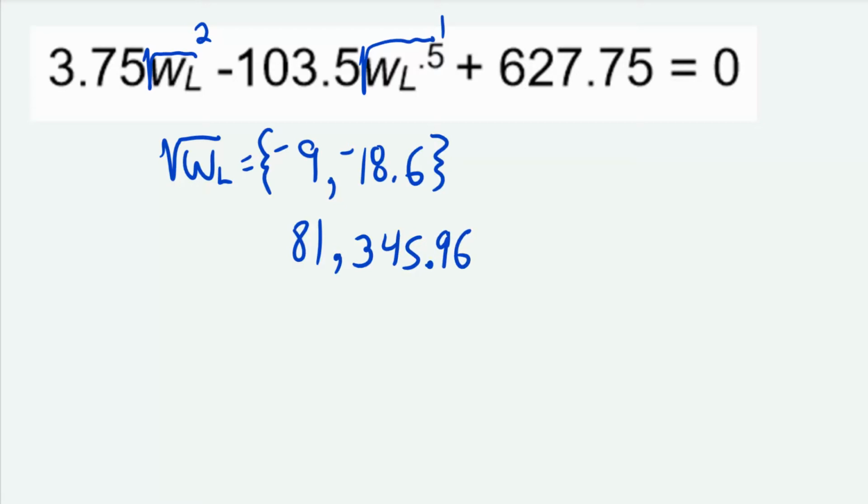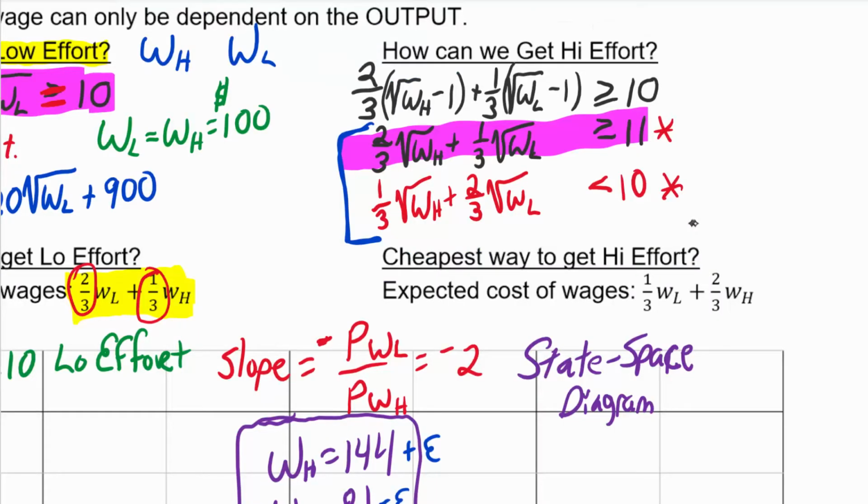And then it's a process of elimination: that 345.96 is so far away from the baseline contracts that we're thinking of here, where uncertainty is going to change the low wage to be a different number from the high wage, but it shouldn't be changing it that much. And then take that 81, plug it back into this equation up here, and that will tell you what the high wage needs to be in order to guarantee that they have the income necessary to motivate them to provide the high level of effort.